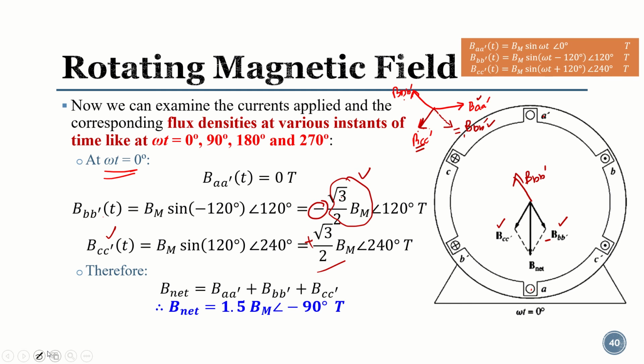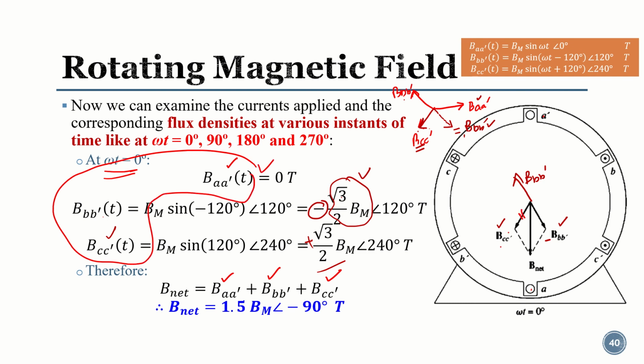Now, these are vectors, right? Two vectors which are actually changing. So if I get the net magnetic field flux density, this is minus BB dash. The net will be basically the summation of this plus this plus this. The summation of these three will be my net vector.